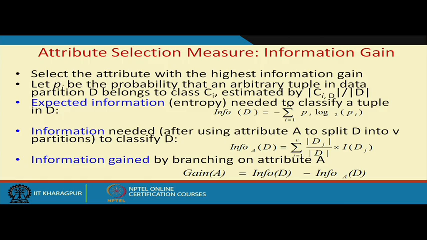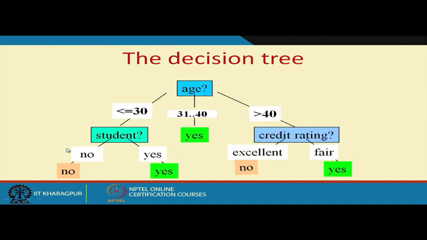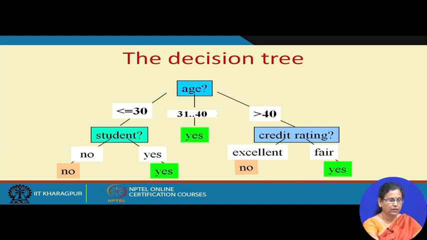So, the key question we are trying to discuss is, if we have to provide decision support on whether he will be buying a computer or not, whether you show the advertisement or the product related to computer, the first task is to construct this tree based on our data.